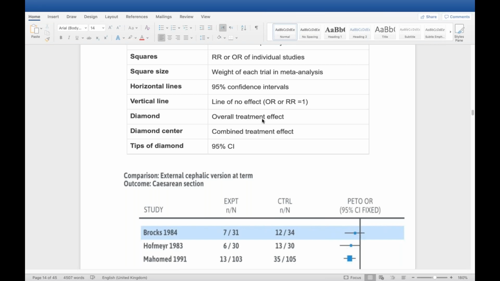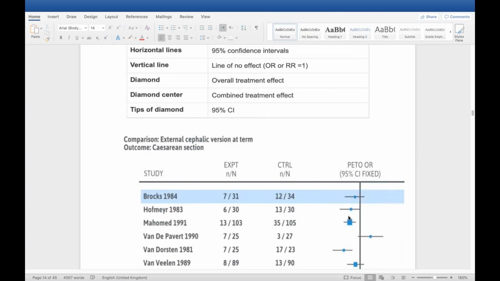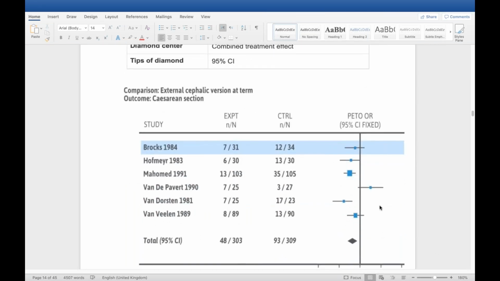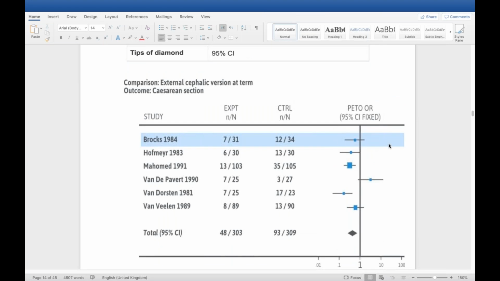Yes, the diamond is the overall treatment effect. When you do this statistical analysis of all these studies, you will reach this diamond, and you will see where the conclusion of all these studies lies statistically. Visually, you can see that it is more towards this side.